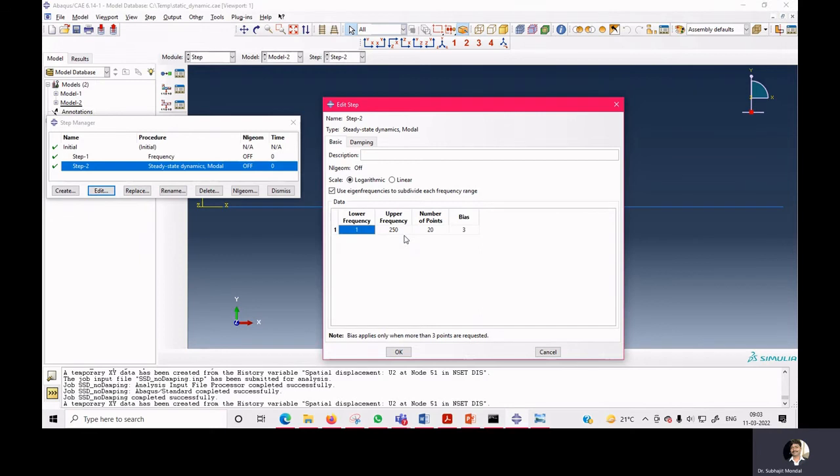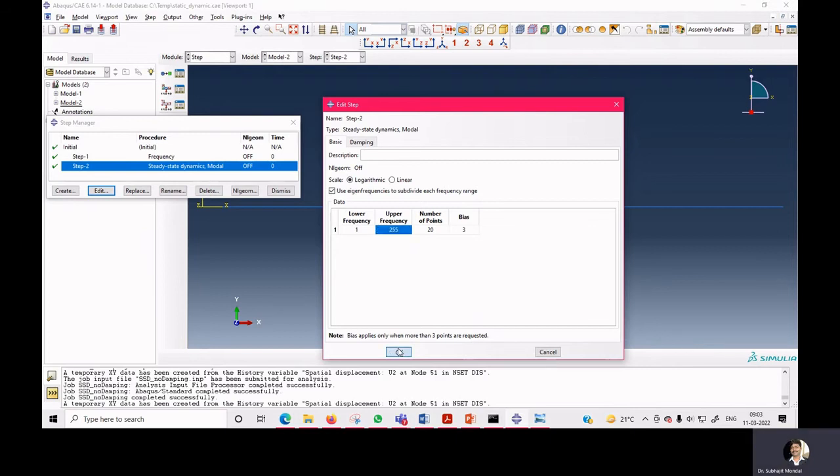That is because the frequency of the fifth mode was 251. So I have just asked upper frequency as 250. I can write 255 also, then we can include the fifth mode also.